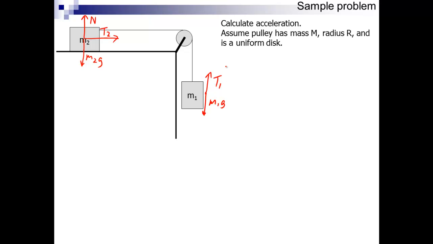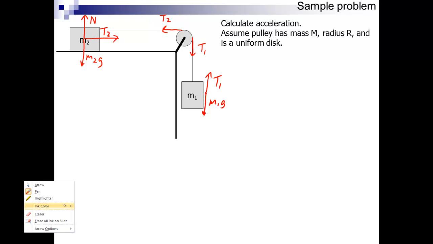The forces on my rotating object on this pulley are T1 in this direction and T2 in this direction. I also know that the radius of this is R, so I can label that R for that lever arm and R for that lever arm. So I've got my force diagram.